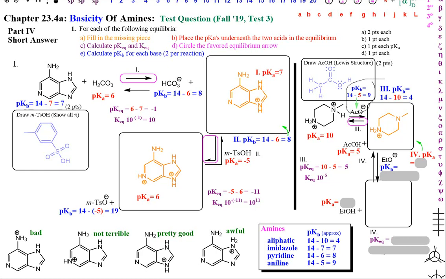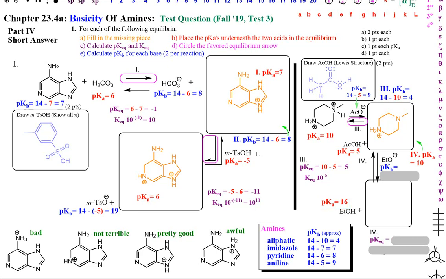Now starting all over again for part 4, we have another ammonium ion. The pKa is still close to 10. And the acid in the products is ethanol. The two smallest alcohols, ethanol and methanol, have pKa's of 16. Most alcohols are between 17 and 18.